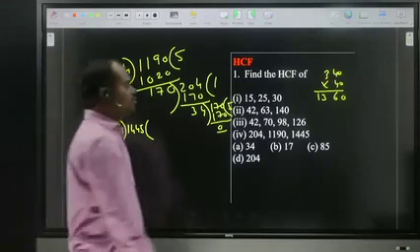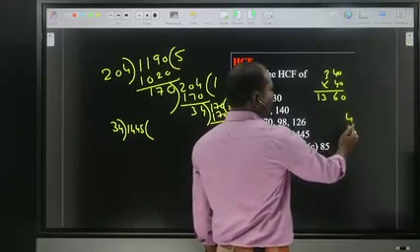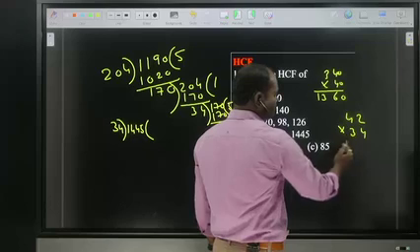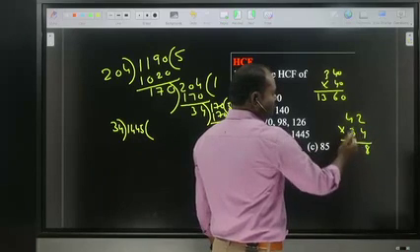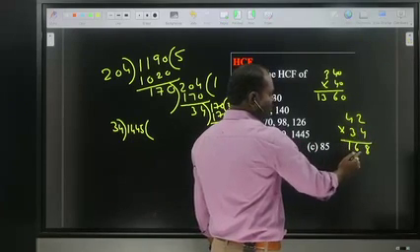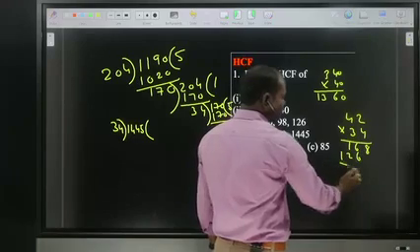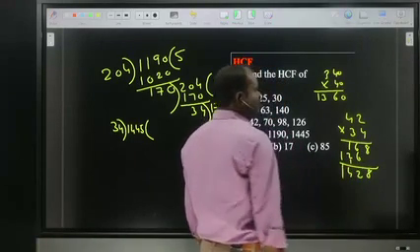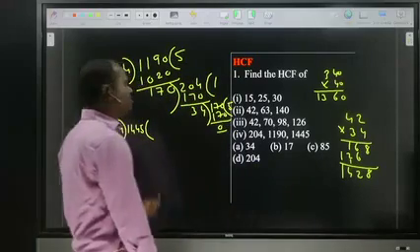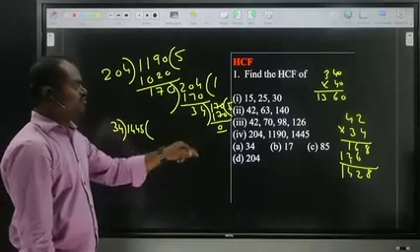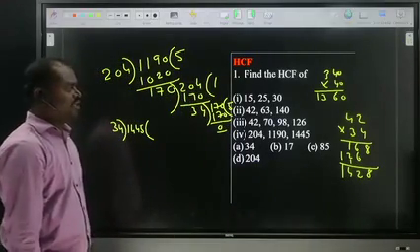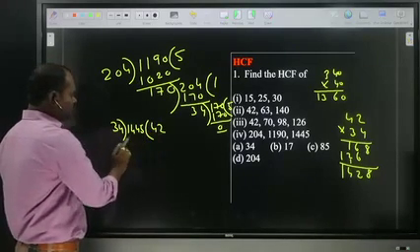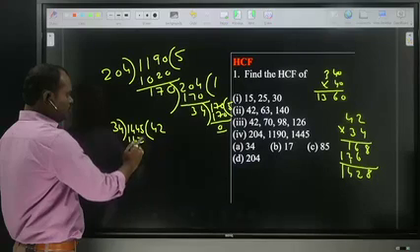Now 42 times 34: 4 twos are 8, 4 fours are 16, 3 twos are 6, 3 fours are 12. So nearly 42 times is 1428.